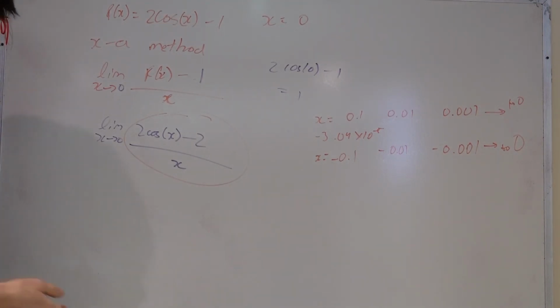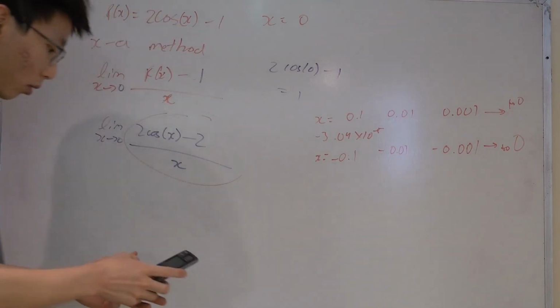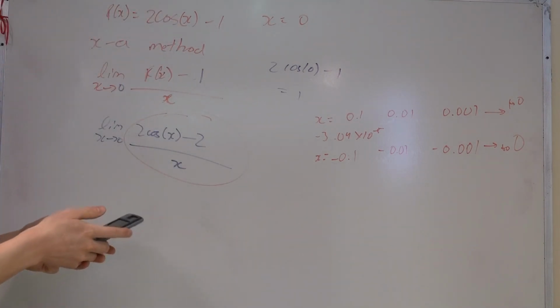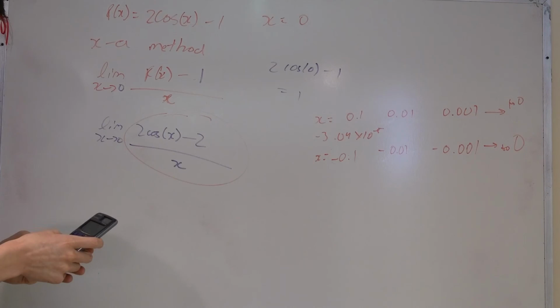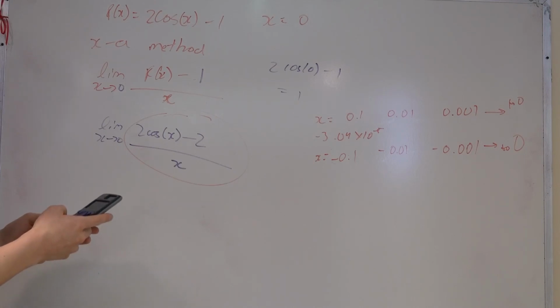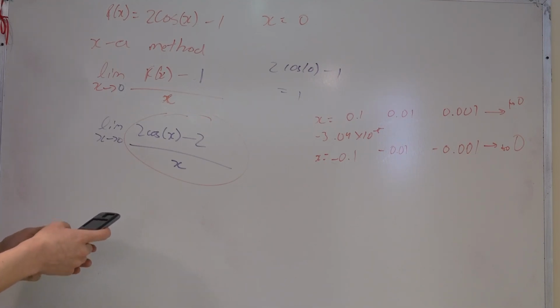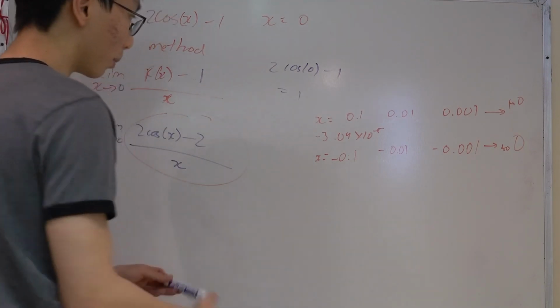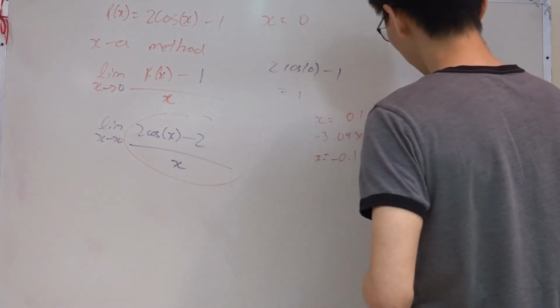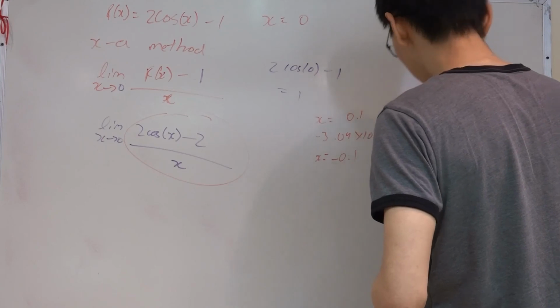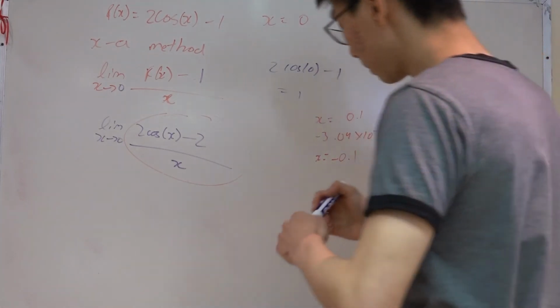Okay. What happens if we replace that whole thing with 0.01? So again, I'm going to type in 2 times cosine of 0.01 minus 2 all over 0.01. If I try that again, I get an even smaller number. It's like 3.04 times 10 to the negative 6.